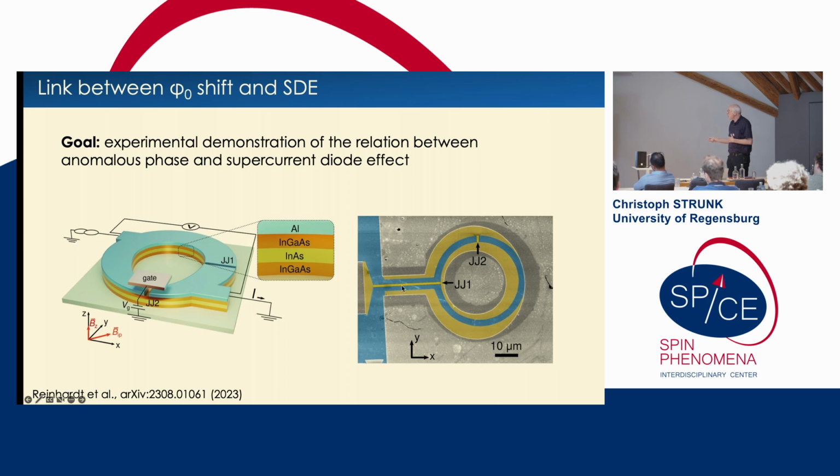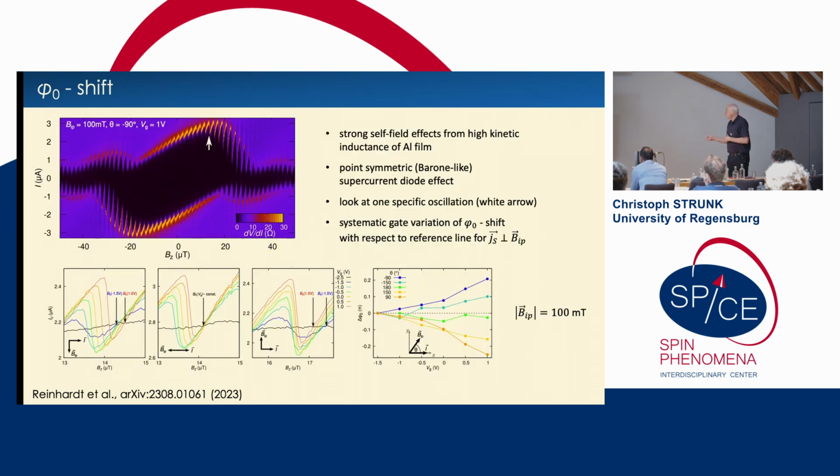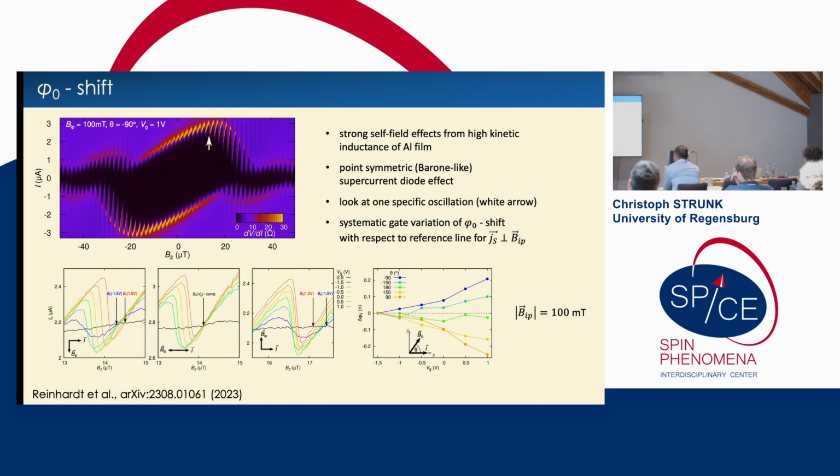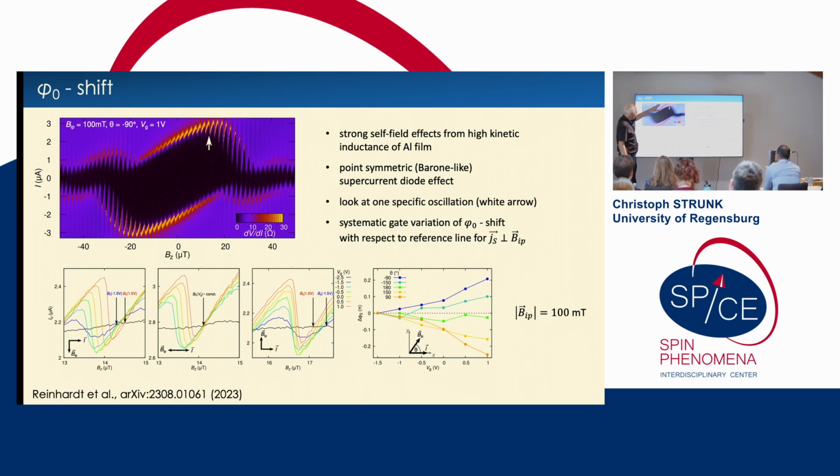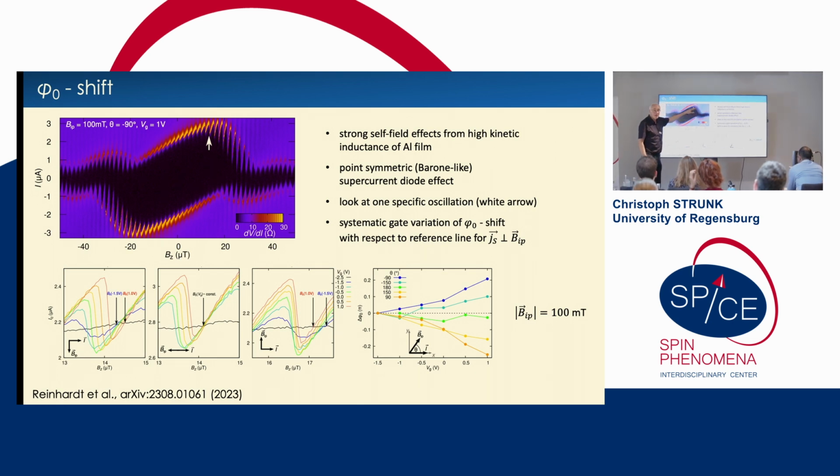If you put an in-plane field in the horizontal direction, we expect magnetochiral effects for the small junction, number 2, while there should be none in the other. Then we have a gate on top of the second junction, to be able to tune something. The interference pattern of this SQUID is shown here. What you see is a distorted Fraunhofer pattern of the large junction.